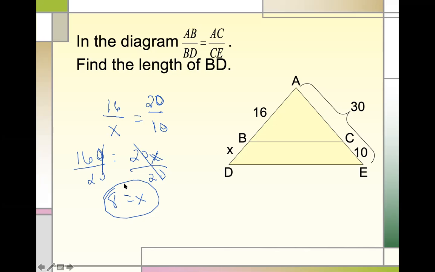That's what you don't want to do. If it's not coming to you immediately, skip it and come back to it. Something else in the test might jog your memory and then you can go back to it. But do not sit there being like, oh wait, I know how to do this, let me think. Then you're wasting too much time. So just focus on a question and focus on getting it right versus rushing to get it right.